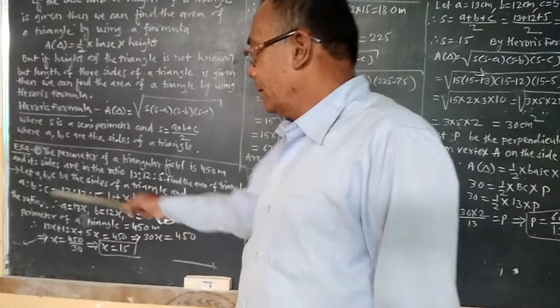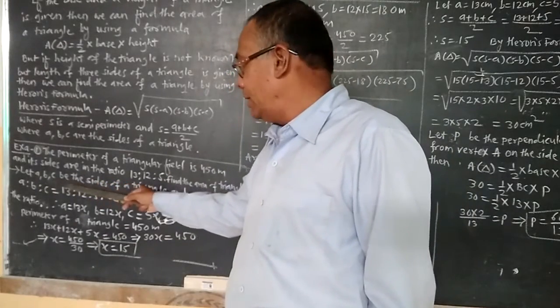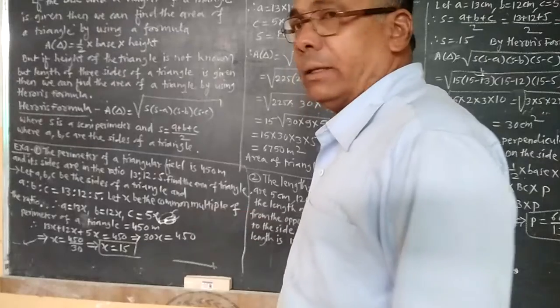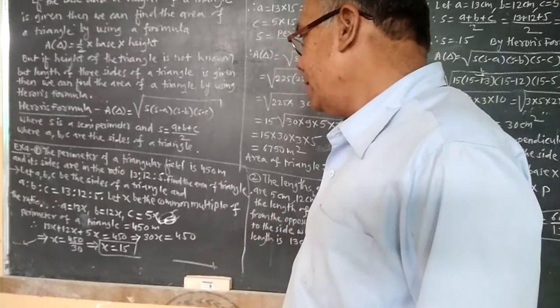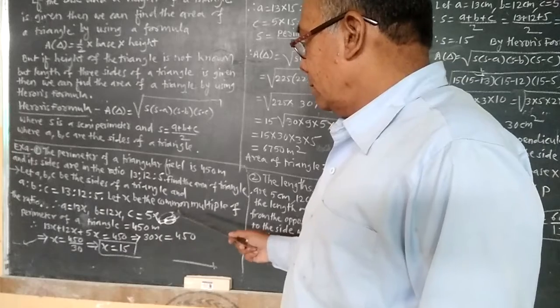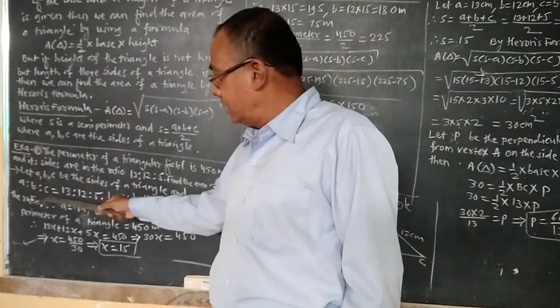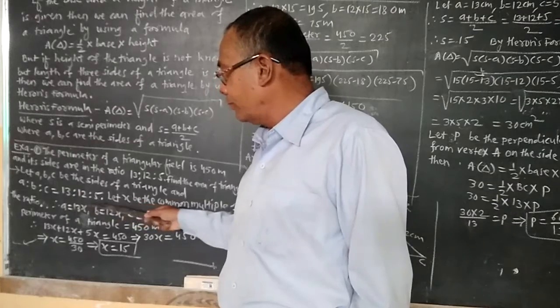Let A, B and C be the sides of the triangle, and therefore we can write A : B : C is equal to 13:12:5.